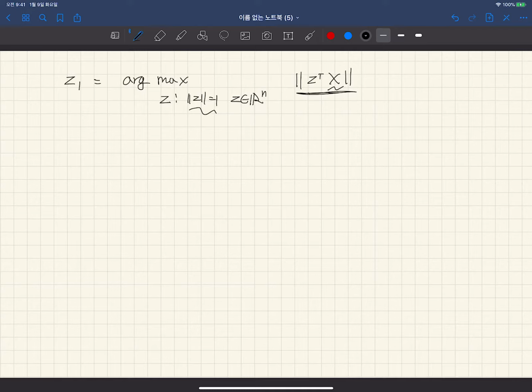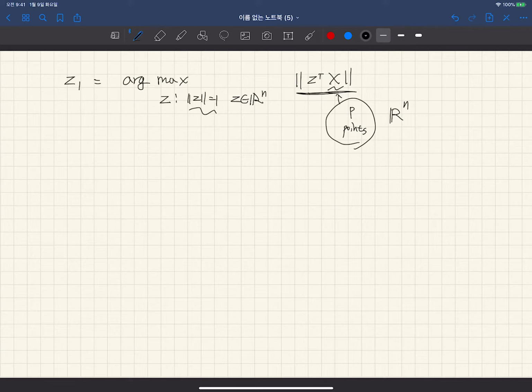In that sense, your matrix X contains P columns, P data points in the n-dimensional Euclidean space, and G is the direction that has the largest variance among the P input points.